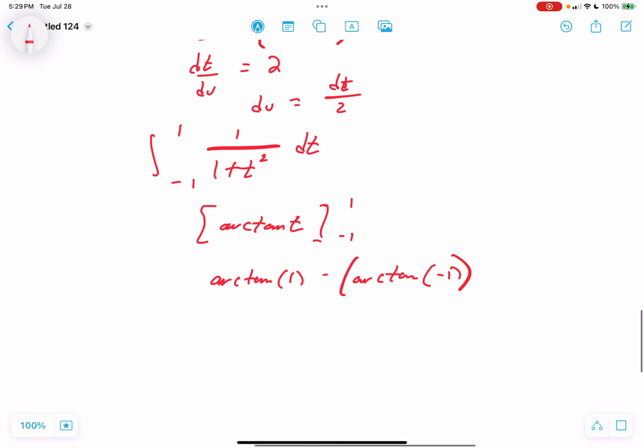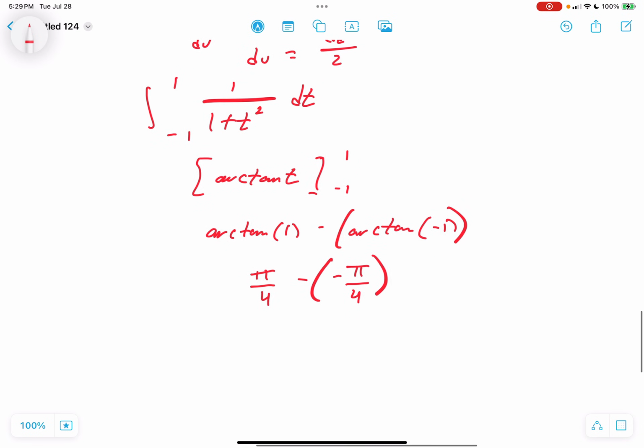Okay, so let's think about when tangent is equal to 1. Well, that's going to be at pi over 4. And then when is tan equal to negative 1? Well, that's going to be at negative pi over 4. And therefore, this is equal to pi over 2.